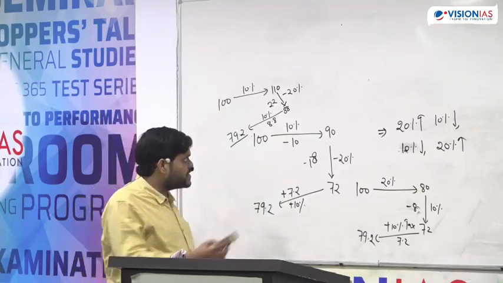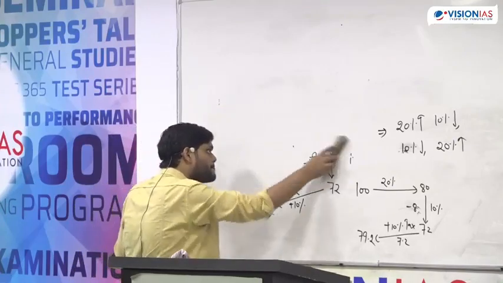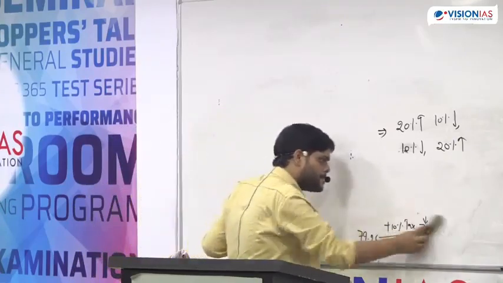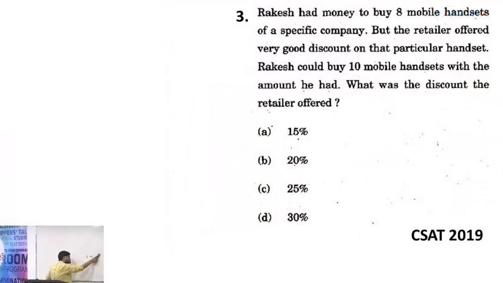Try question number 3. Rakesh had money to buy 8 mobile handsets of a specific company, but the retailer offered a very good discount on that particular handset, and now Rakesh could buy 10 mobile handsets with the amount he had.